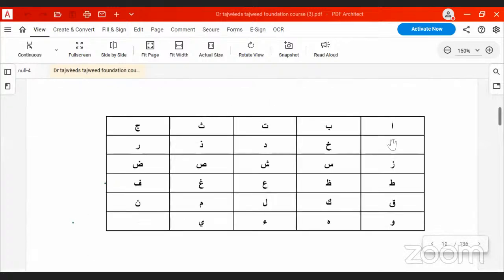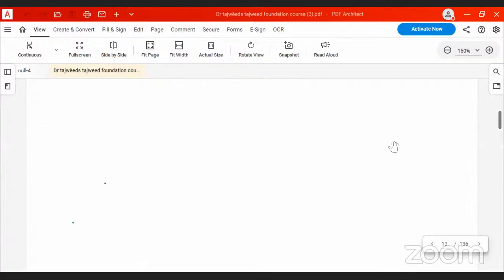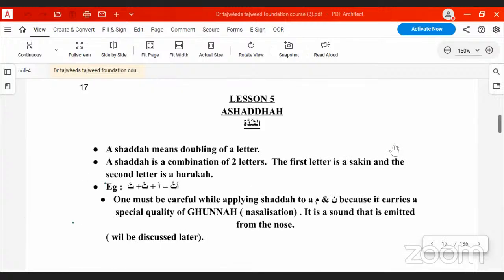Now we'll come to the shaddah. Shaddah means doubling of a letter. Shaddah means a letter which is pronounced forcefully. For example, in every language there is the pronunciation of 2 letters. If you take the letter ka in Hindi, it is a little bit forceful.